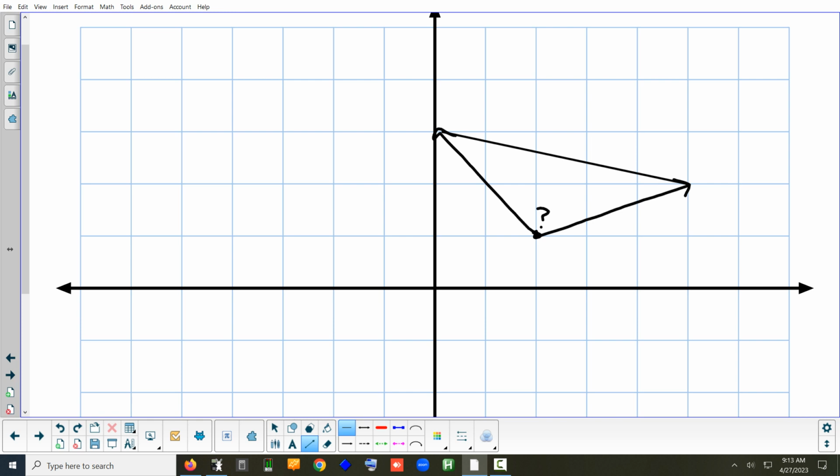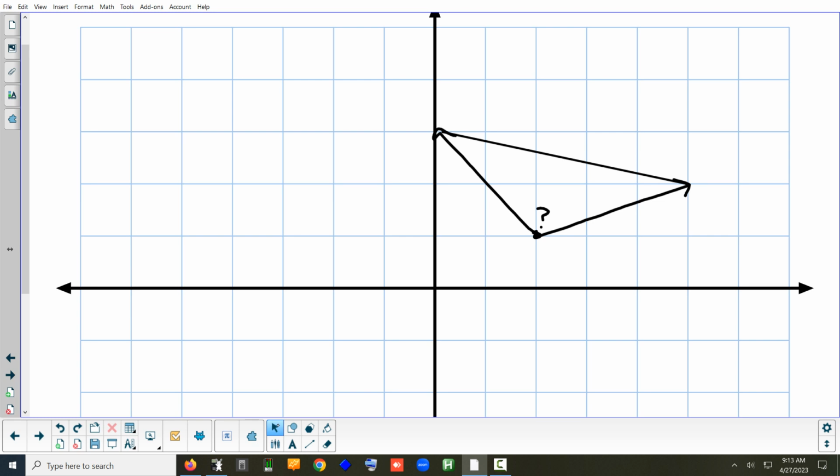Now we've got a triangle. And if we really wanted to, what could we figure out about that triangle? We can find like 2 legs. Yeah, we could find 2 legs. We could find all 3. Right? We could find how long each of those legs are.